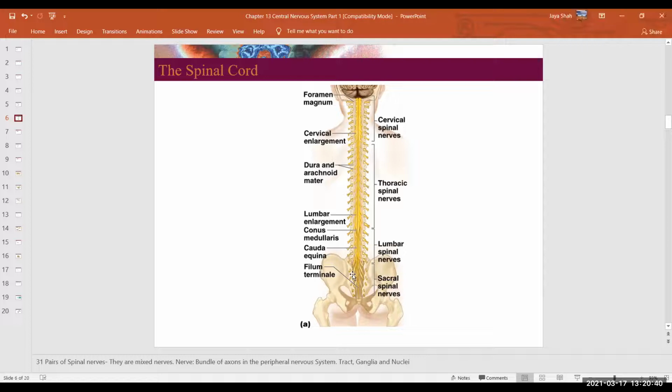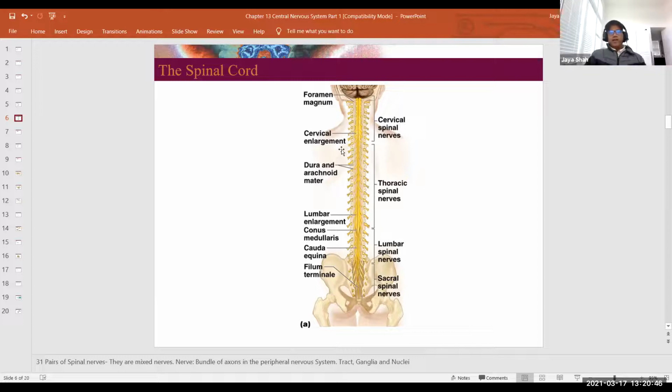Professor, why only the cervical and the lumbar are enlarged? I'm coming there, okay? So in cervical enlargement, because from the cervical region, you have to supply a lot of neurons far away from here in the upper limbs.